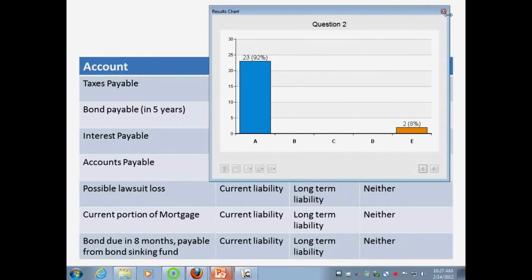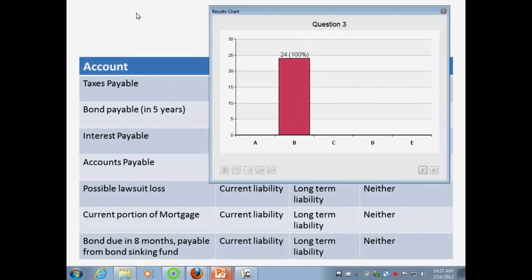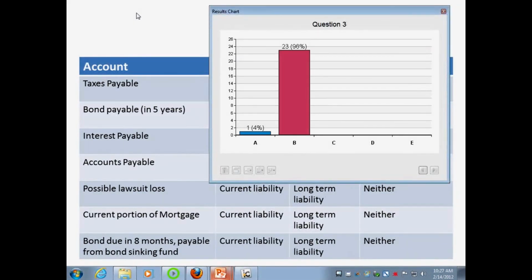Okay. So how about bonds payable if the bond is payable in 5 years? Where does that belong? Now what if the bond is payable in 5 installments, each year?